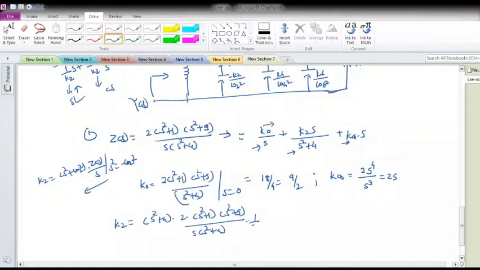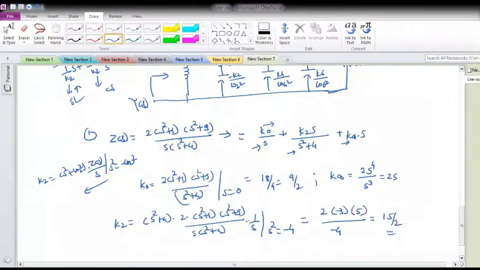So it is Z(s) by s, evaluated at s² equal to minus 4. Which will be 2 into minus 3, into minus 5, divided by minus 4. So it is coming as 15/2.